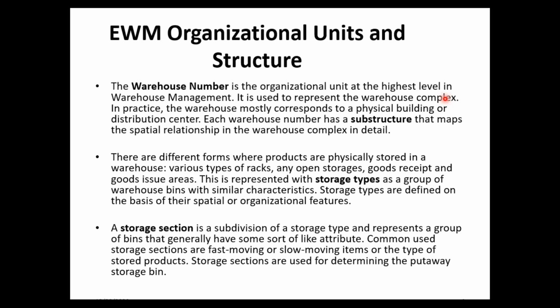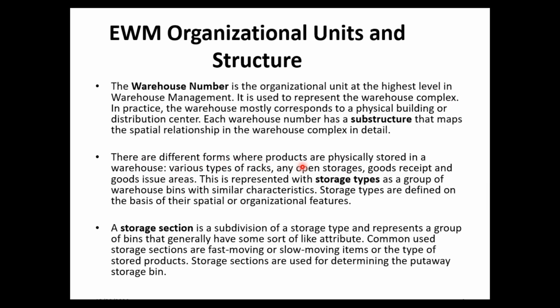Okay, so it's clear, it's very simple, right? You have physical buildings, and you can have one warehouse number for several buildings or for one building. If you have one warehouse number for several buildings, then you have to define each building as a storage type within one warehouse, and then within a building you divide into sections and then subsections and the rest.